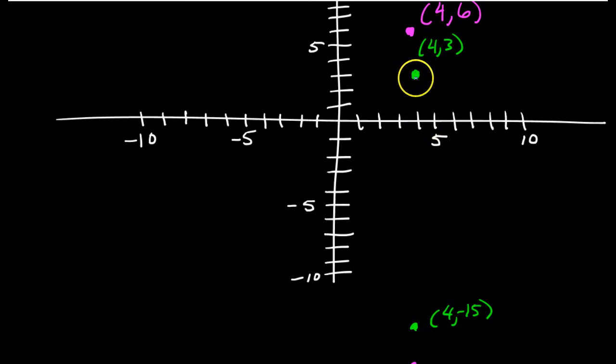So I'm going to go 9. So let's see. So down to the x-axis, I've gone 3 so far. So I need to go 6 more. So I'm going to go down to negative 6. Okay, in other words, my center point is going to be the point 4, negative 6.